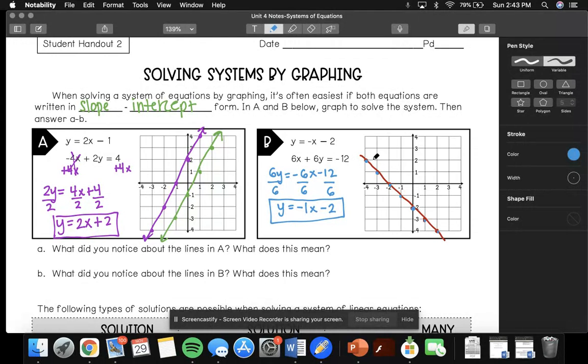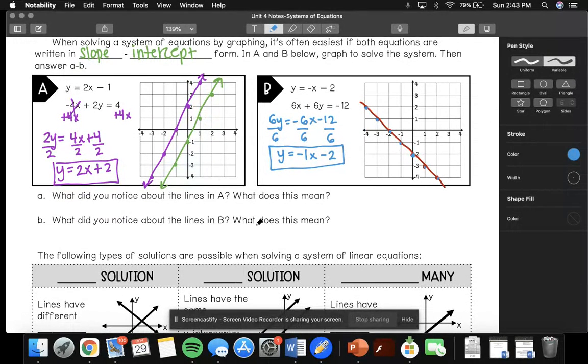Weird. Okay, so what do you notice about the lines in problem A? Okay, well, we said that they never intersect. Okay, so if they never intersect, there's never going to be a point that's a solution. So this means there is no solution to this system. Okay, what do you notice about the lines in problem B?